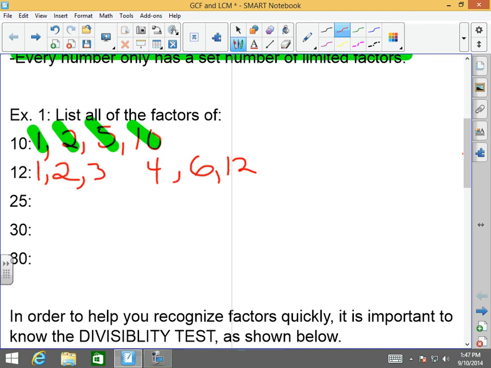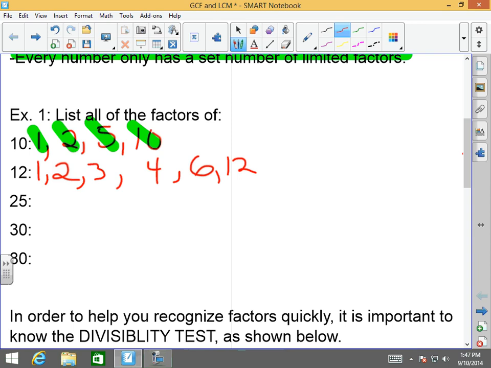Does 4 go into 12? Yes, but we already have it. I'm sorry, I was saying 10 instead of 12. Thank you, my brother. Let me start that again. 1 times 12 is 12. 2 goes into 12 because it's 2 times 6. 3 goes into 12 because it's 3 times 4. I really apologize. Thank you.